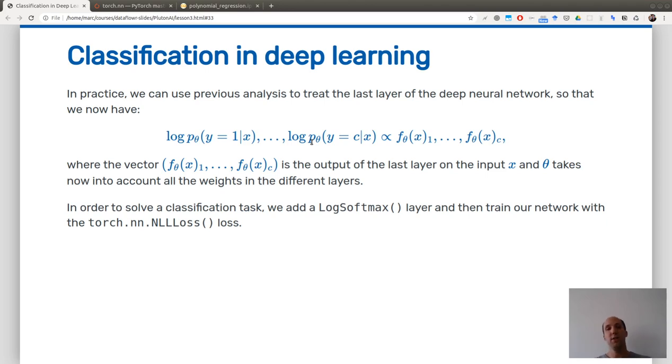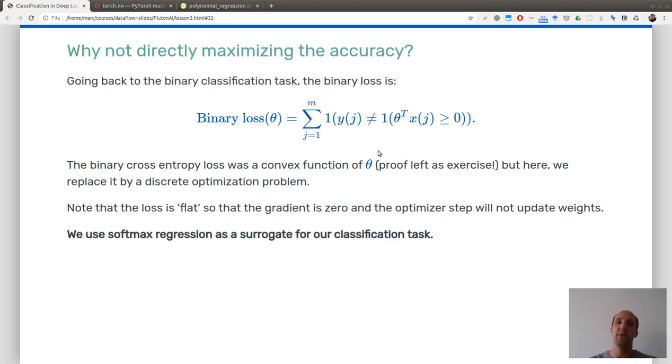So far we only dealt with a linear model, which is nice because you can show, even in the logistic regression, that you obtain a convex function of your parameter theta. So you are sure that these functions are easy to optimize.